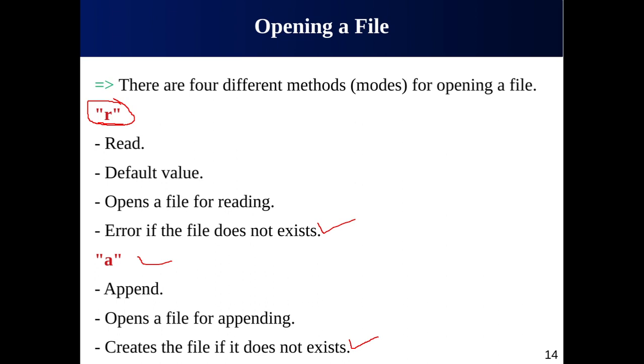Rather, it will create the file and then will append the text to that file. So this is a big difference between opening a file for reading purpose and opening the file for appending purpose. The first one will give you an error if the file does not exist, while the second one will create the file if it does not exist.